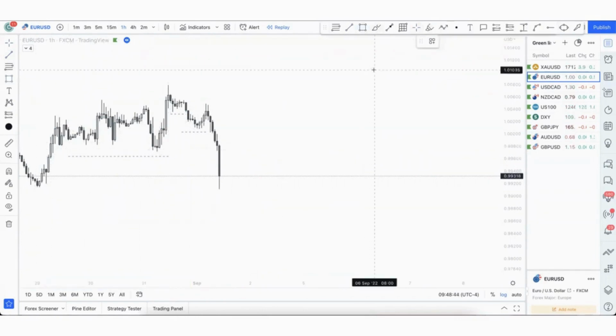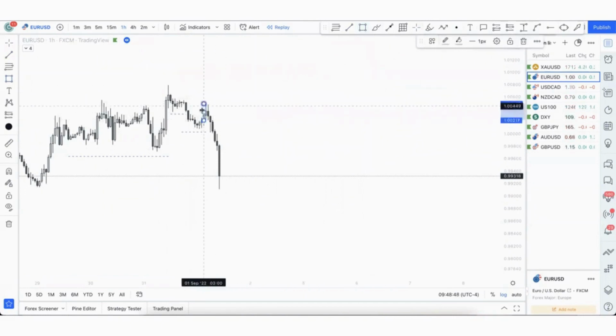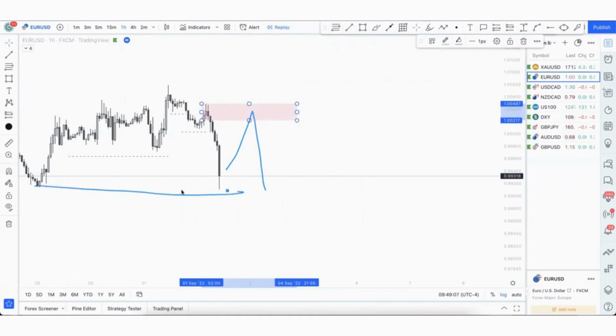So as smart money traders, this is the supply for us. This is the supply that is not tested yet. So we want to see the price go here and then target the level on this one, because there's liquidity here on this side.